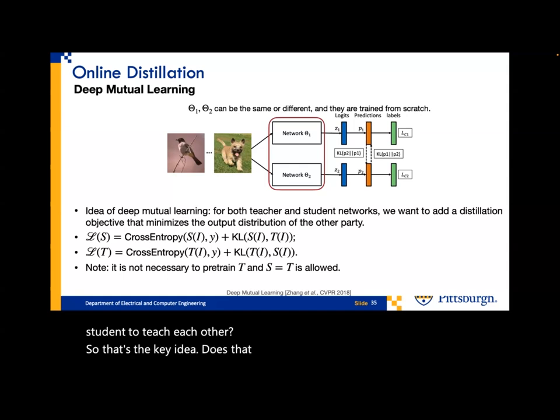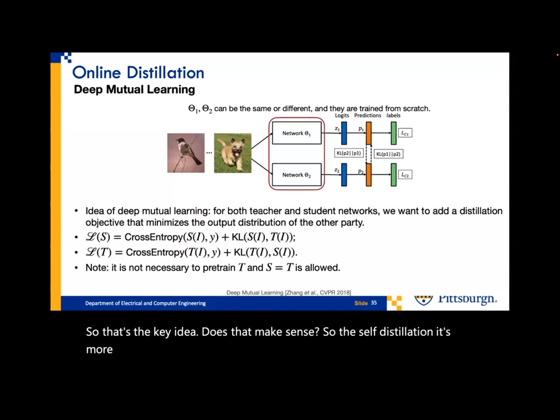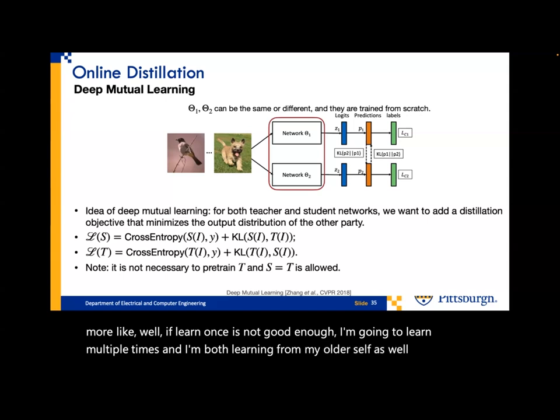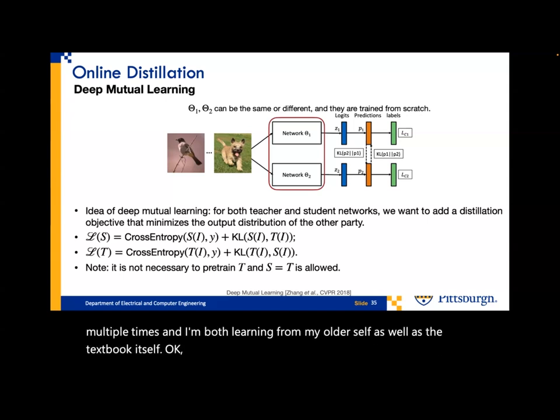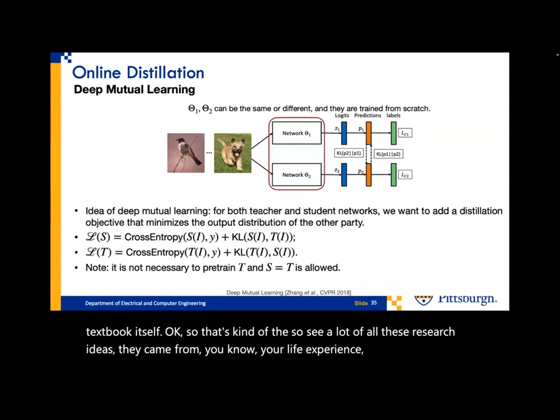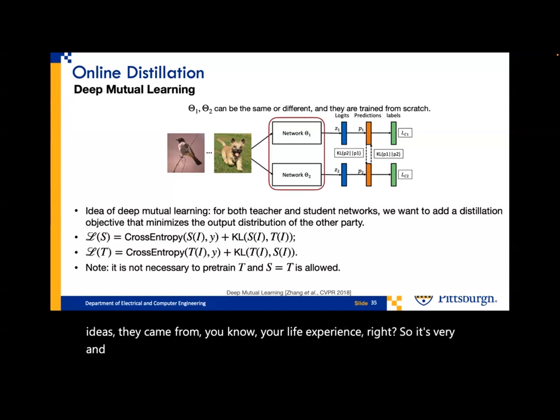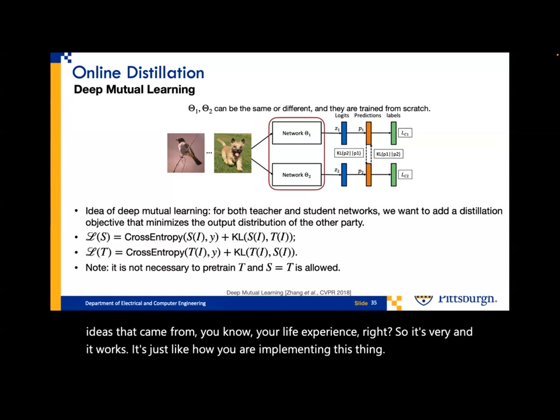Self-distillation is more like, if learning once is not good enough, I'm going to learn multiple times, both from my older self as well as from the textbook itself. See, a lot of these research ideas came from your life experience, right? And it works. It's just a matter of how you implement this in these networks.